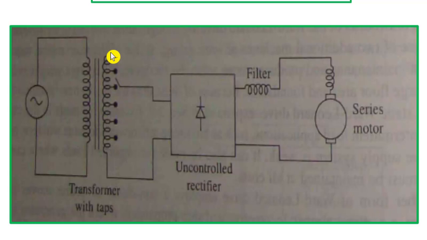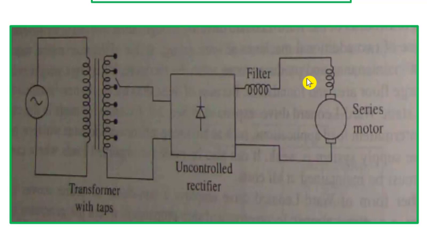If the tapping is at this position, then maximum secondary voltage is applied across this one, and if the tapping is at this position, then minimum voltage will be there across this one. So the AC secondary side voltage is controlled to control the DC output voltage. Ultimately, the speed of the motor is controlled.